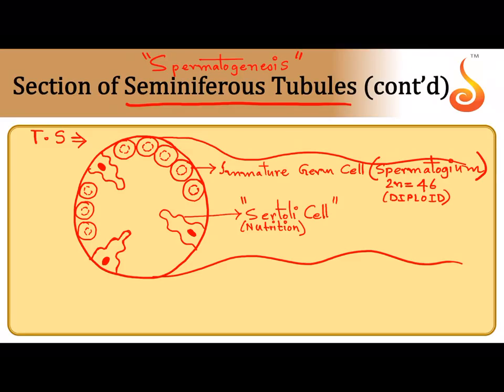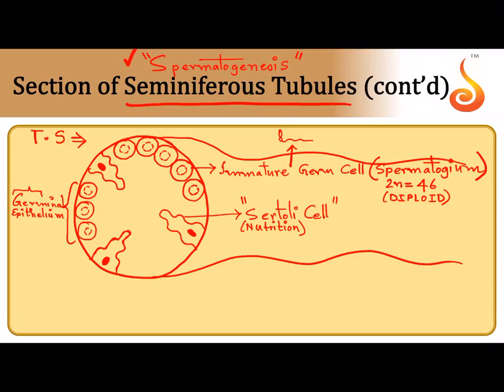Now this entire layer of these spherical immature germ cells, we can call the germinal epithelium. Epithelium is a layer of cells and it's called germinal because it consists of germ cells, and germ cells are the ones which actually give rise to the sperm. So these are the ones which are involved in the production of the sperm through the process of spermatogenesis.